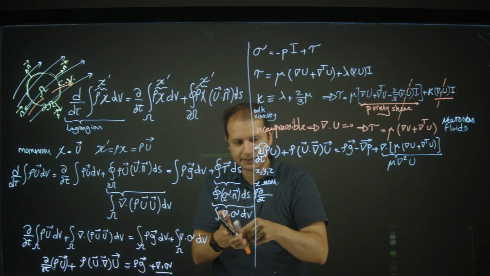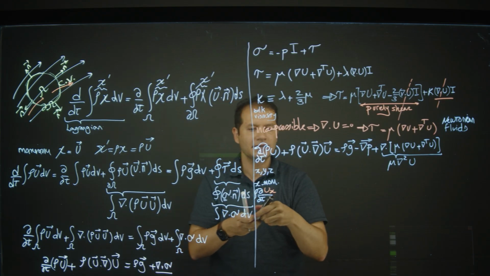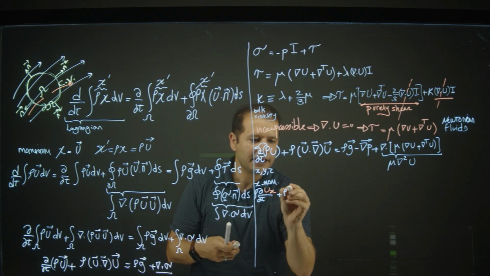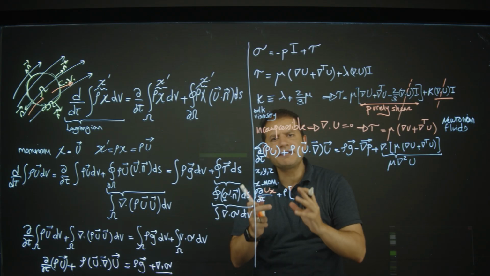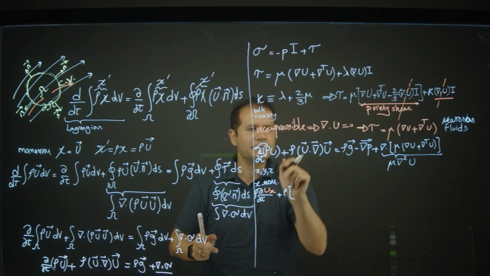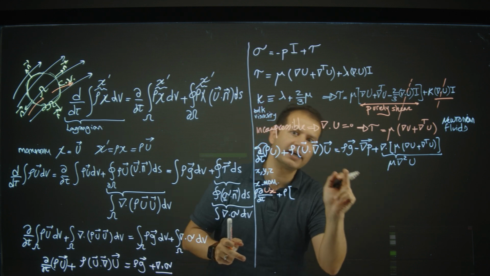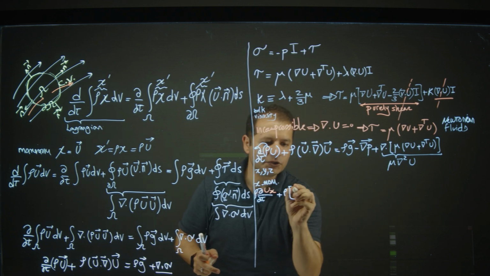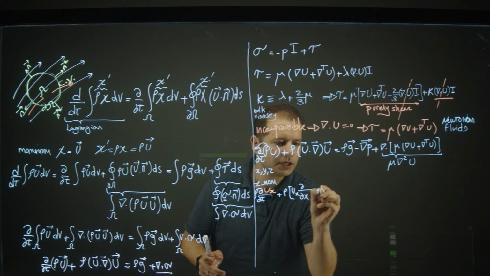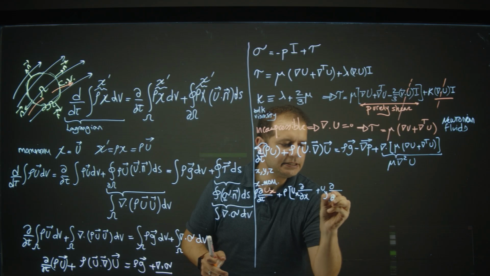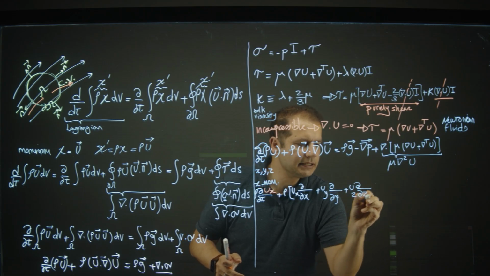So I write ux here, because I'm writing it for x momentum balance, plus rho. Now, u dot nabla, what does it do, my friends? It's the flux of momentum. So that becomes ux nabla x, uy nabla y, uz nabla z, which is ux d dx plus uy d dy plus uz d dz.